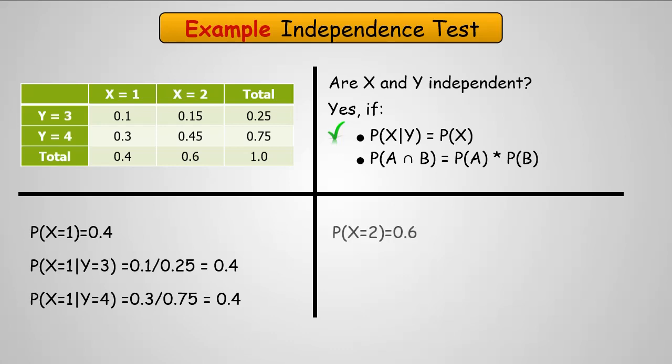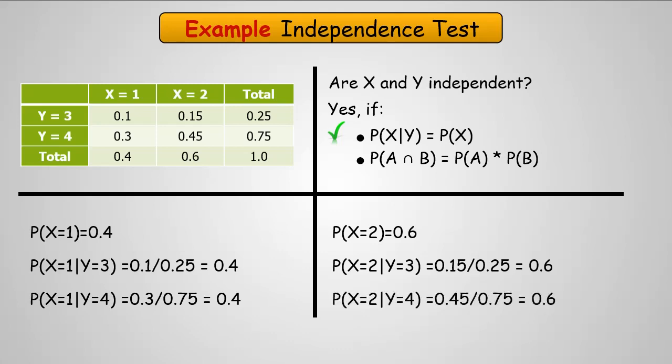The probability of x equals 2 is 0.6. The probability of x equals 2 if y equals 3 is 0.15 divided by 0.25, which is 0.6. And the probability x equals 2 where y equals 4 is 0.45 divided by 0.75, which is also equal to 0.6. Therefore, x and y are independent. It's a simple test that we can execute.